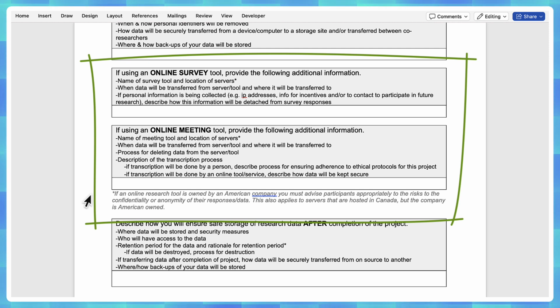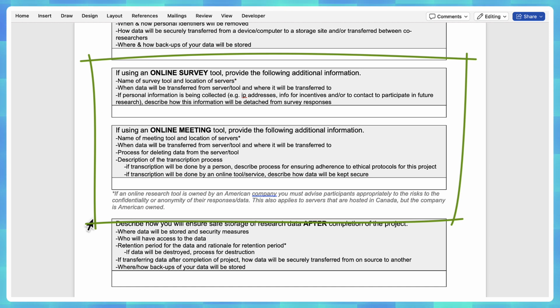That means that data stored on U.S. servers can be accessed by the government or their representatives, and that poses a particular risk for the security of that data.